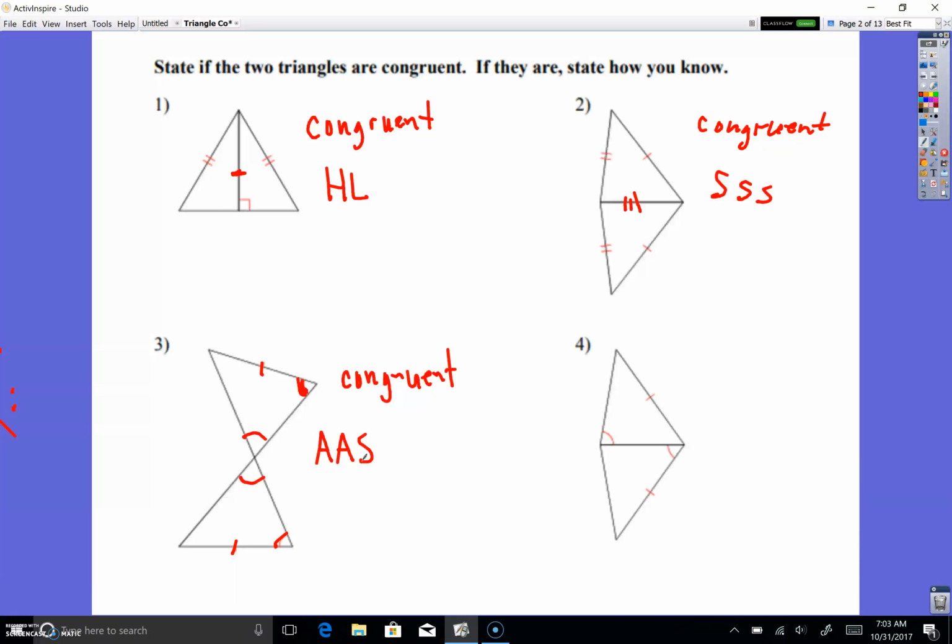Now, for this last one, I have this and I have this. This is the same. On the top triangle, I have angle, side, side. On the bottom one, I have side, angle, side, which is not the same. So I can say this is not congruent.